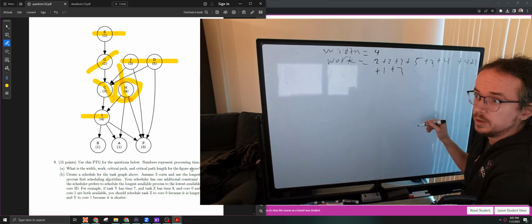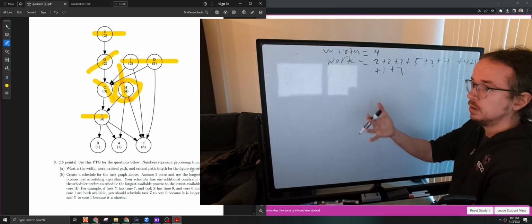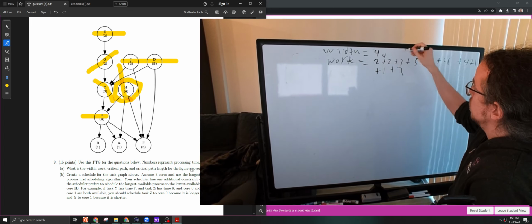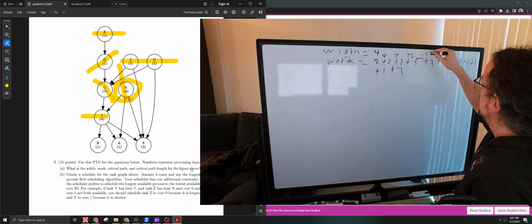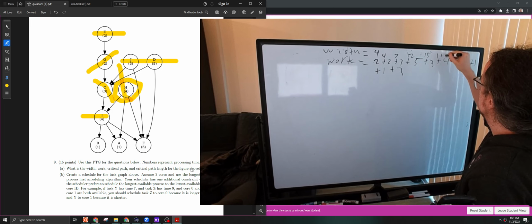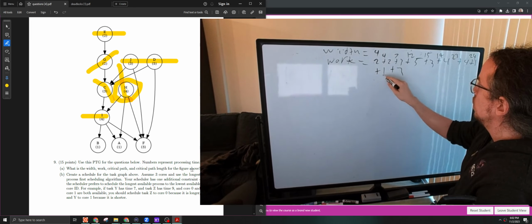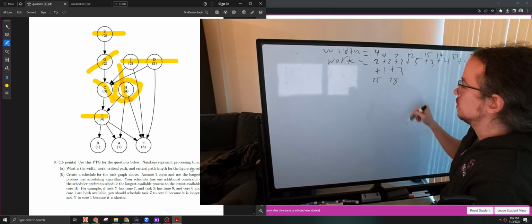That's 10 numbers, and 10 nodes. And so then you get 4, 7, 12, 15, 19, 23, 24, 25, 28. You should have gotten something like 28.